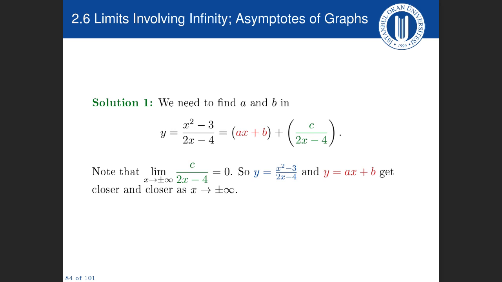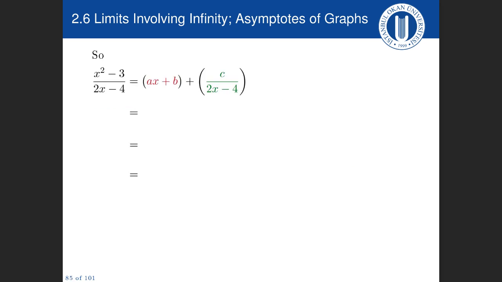So that means the function that we started with, x squared minus 3 over 2x minus 4, and this red linear function get closer and closer as x tends to infinity or minus infinity. So we're starting with our function, x squared minus 3 over 2x minus 4 is ax plus b plus c over 2x minus 4, but we don't know a, b, or c yet.